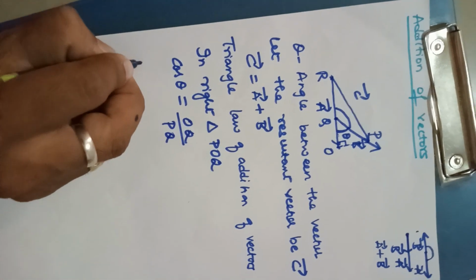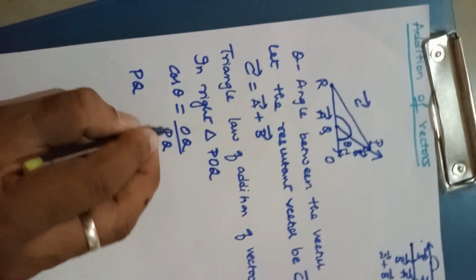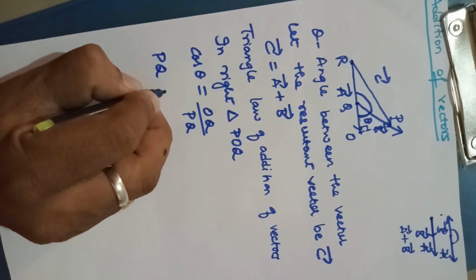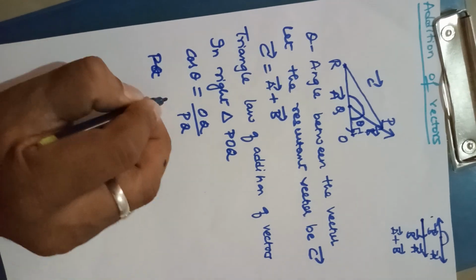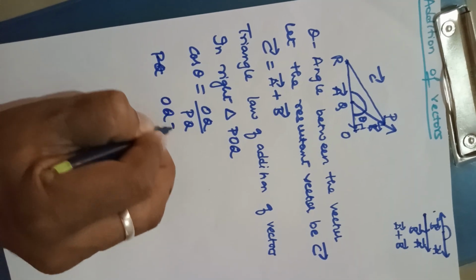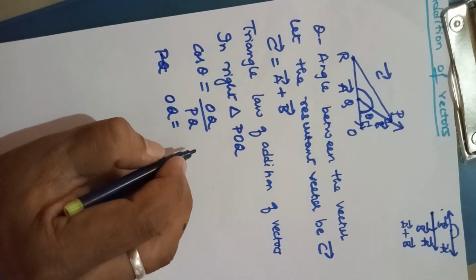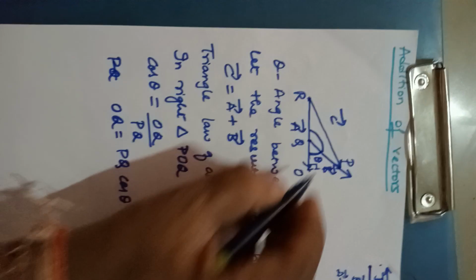So what is PQ? So PQ will be OQ by cos theta, or what is OQ? OQ will be PQ cos theta. And what does PQ represent?